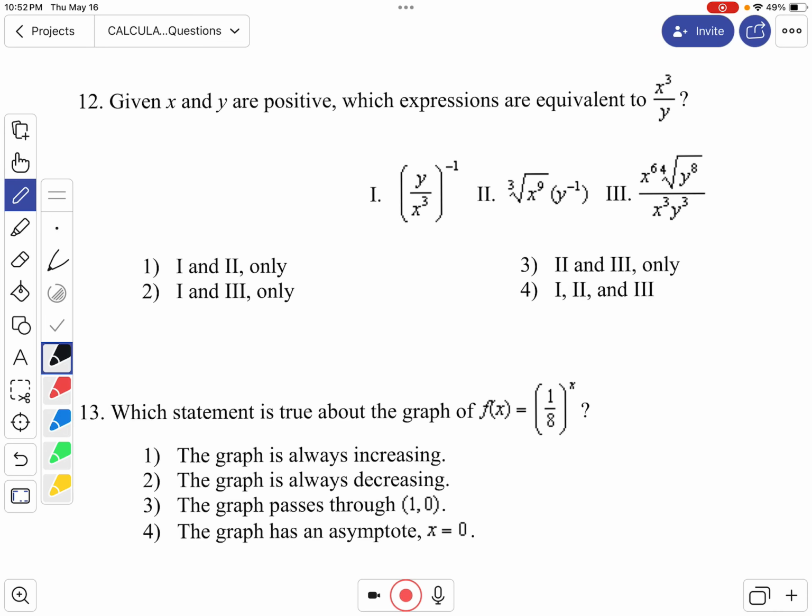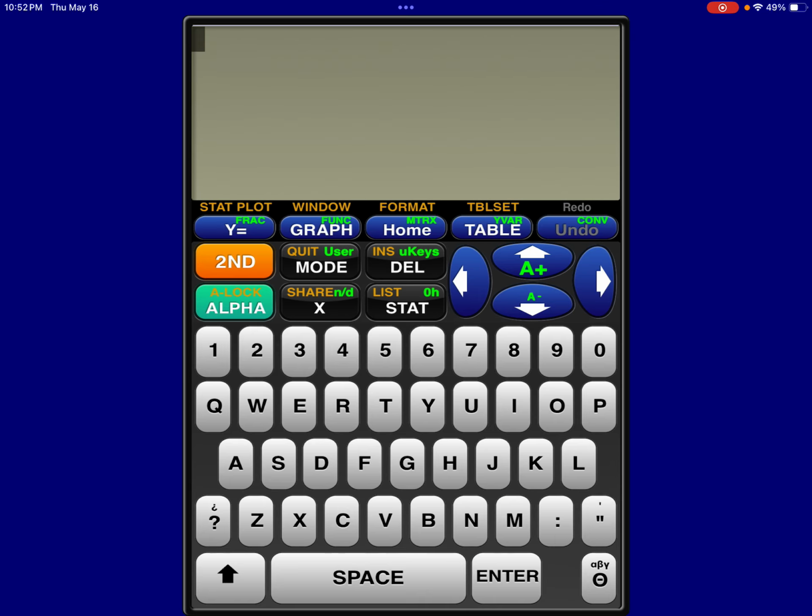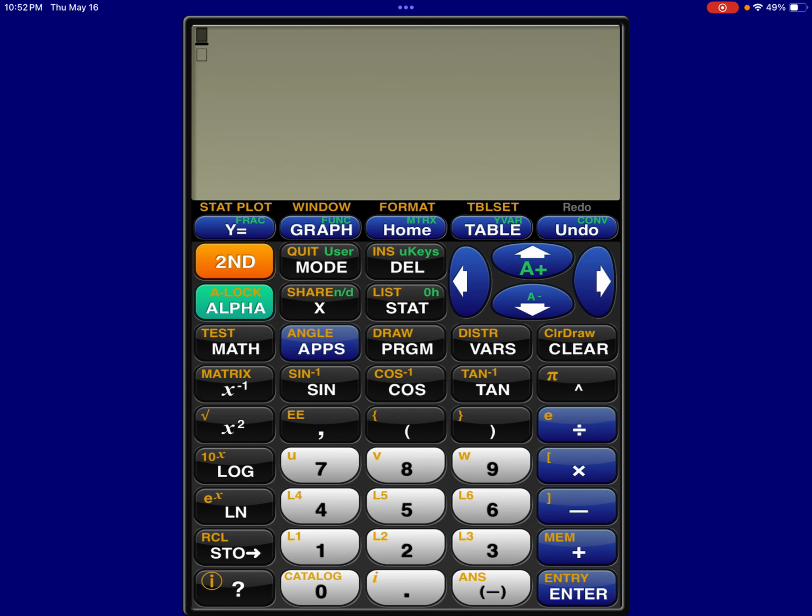We have again x and y, which expressions are equivalent. So there's a lot of crazy stuff going on here. It's a little bit different, but we can go ahead and use our calculators to test what's equivalent. So I already have a number in for x and I already have a number in for y. So I'm just going to go ahead and write them. All right, so x to the third over y.